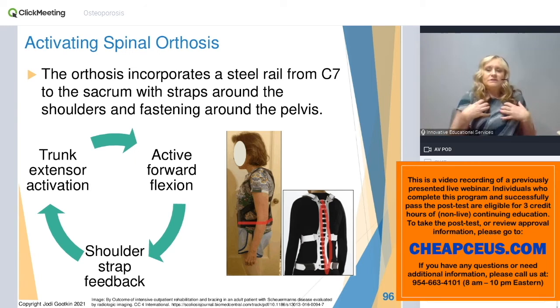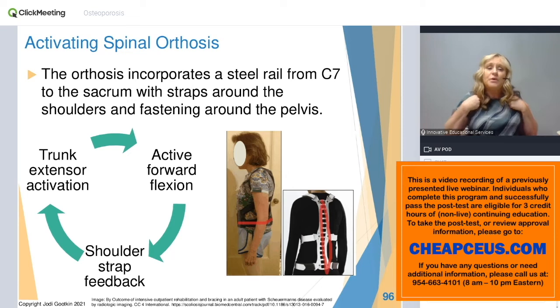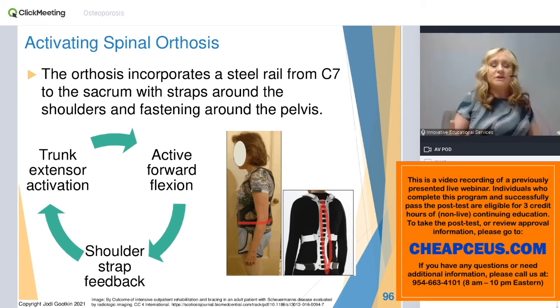As the person either bends forward or slumps forward, because it's rigid in the back, it pulls on these straps and gives them a cue to activate their trunk extensors. So it's not doing the job for them. It's encouraging them to utilize their own musculature in order to help strengthen it. It's a more dynamic tool.